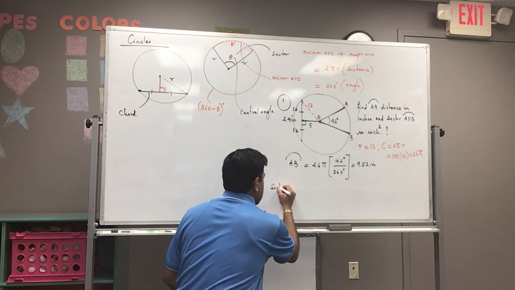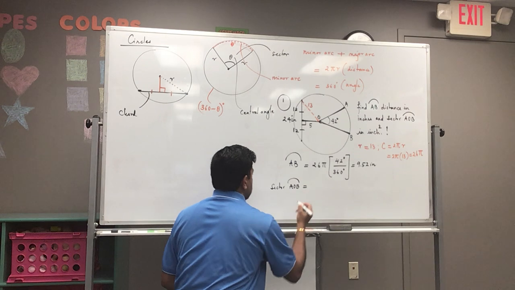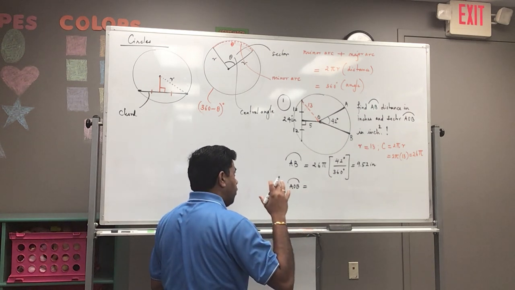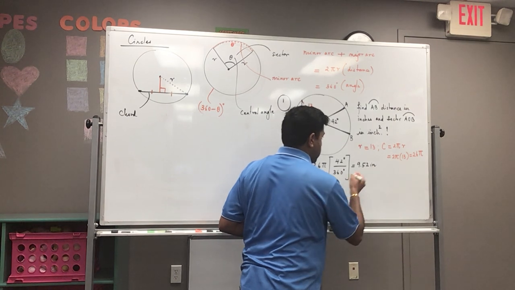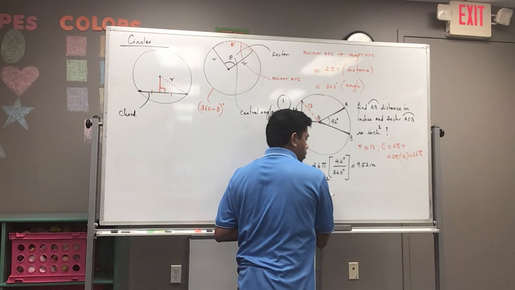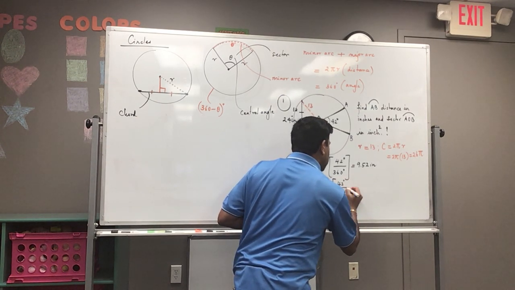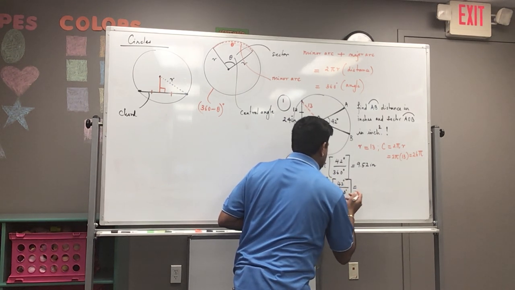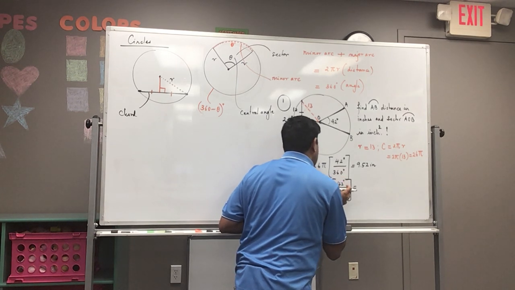Sector AOB area. So what's the area of the circle? Pi r squared. Pi, radius is 13, so 13 squared. This is the entire circle. Again, the fraction remains the same, 42 degrees divided by 360. The fraction doesn't change because the central angle doesn't change.